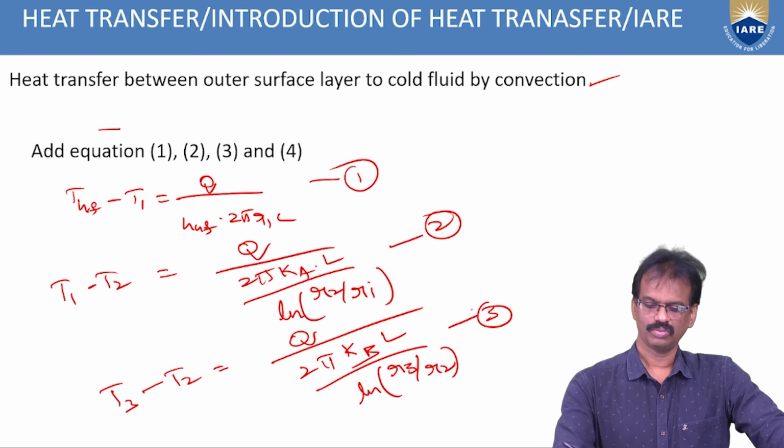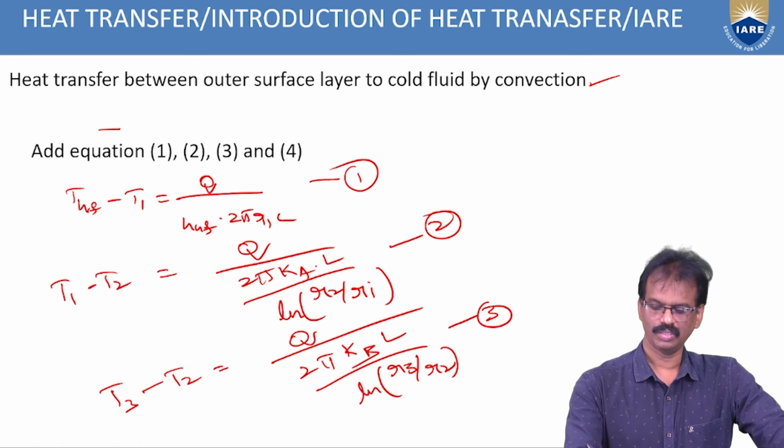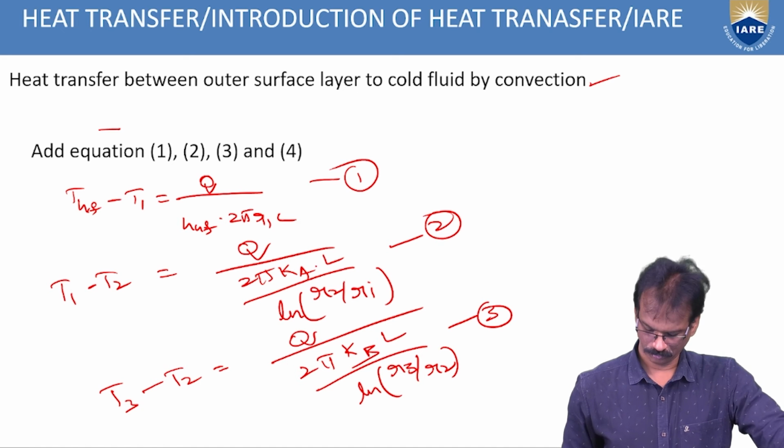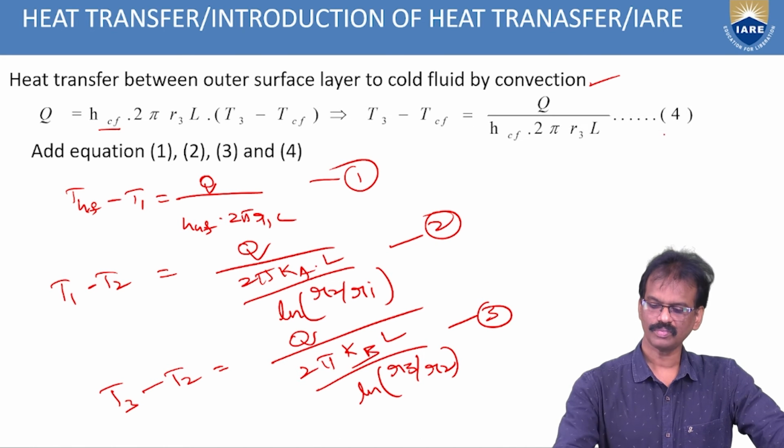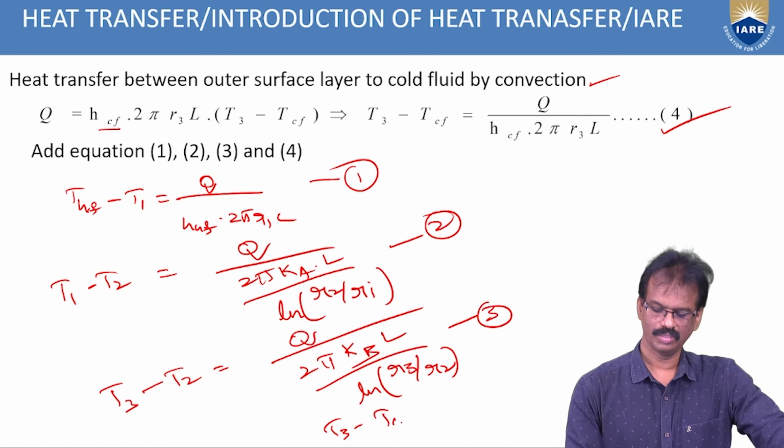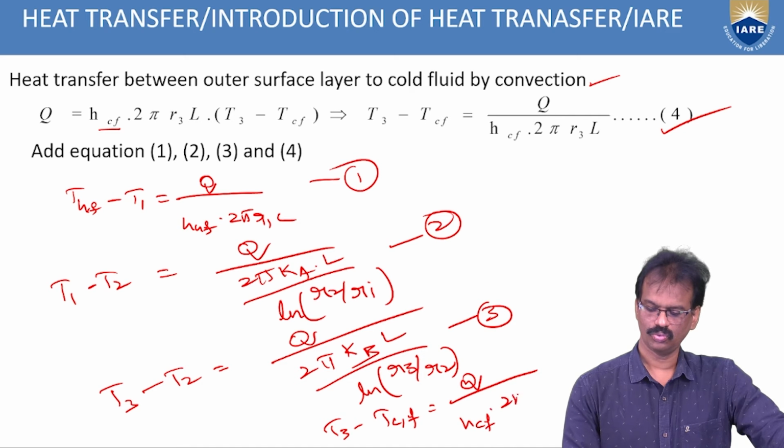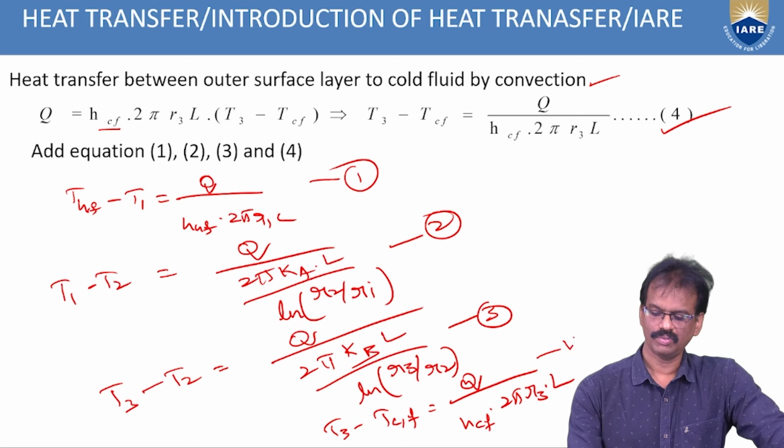Already we got equation 4 here also: T3 minus TCF is equal to Q by HCF into 2 pi R3 L. So this is equation 4.